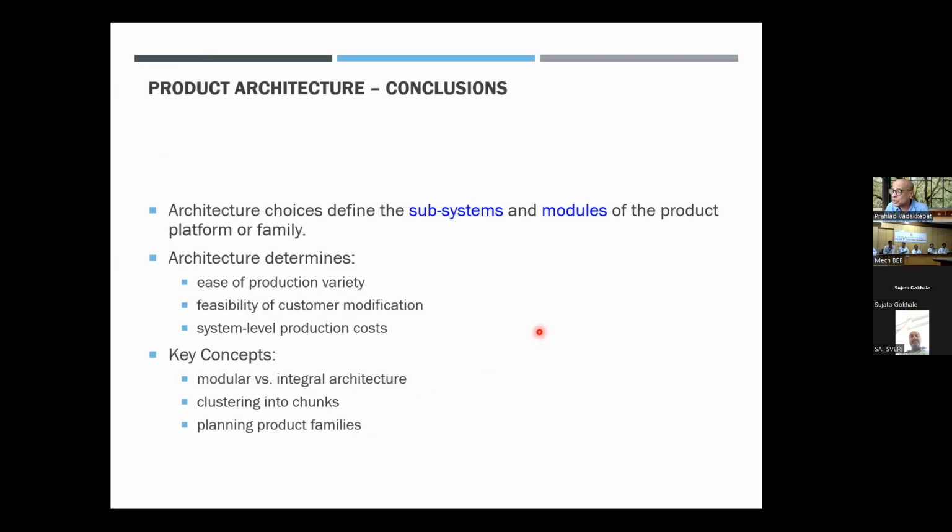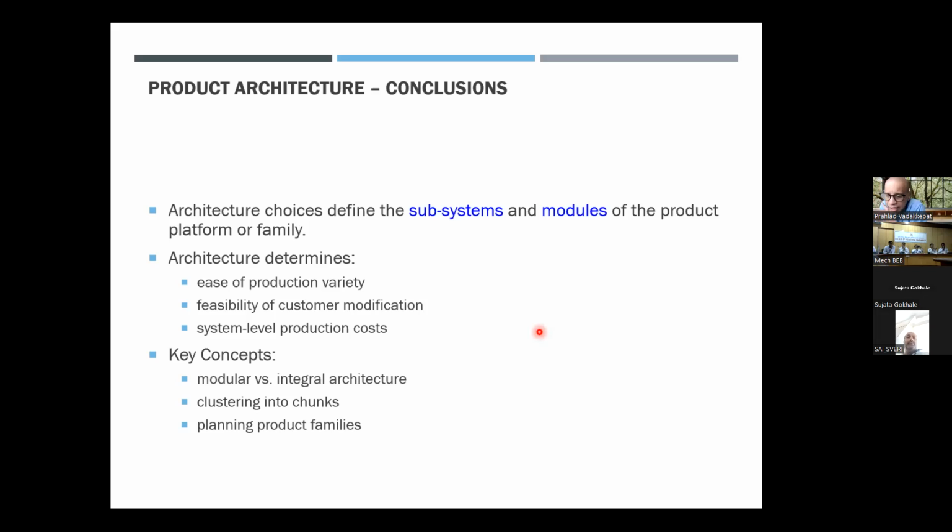So architecture choices define the subsystems and modules of the product, okay, for the platform or the family. Ease of production, you have to be very mindful. So not everything can be mass produced the way we expect it. So design for manufacturing will have another session.